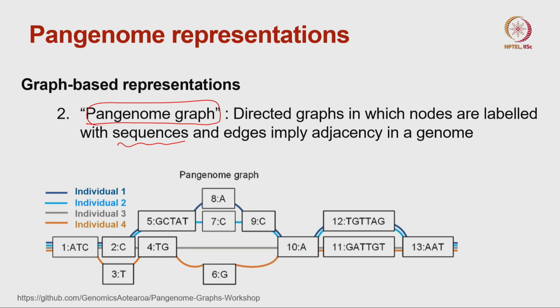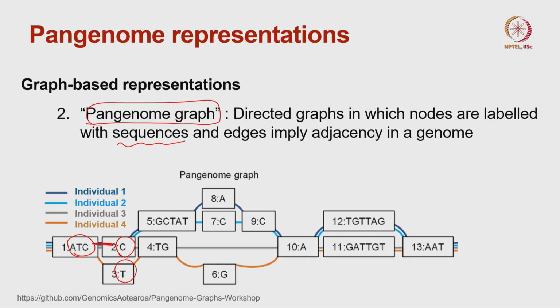Here you can see that this graph has 13 nodes. The first node is labeled with sequence ATC, the second node is labeled with sequence C, the third node is labeled with sequence T and so on. And we would connect 2 vertices when we find that these 2 sequences are adjacent in the underlying sequence.